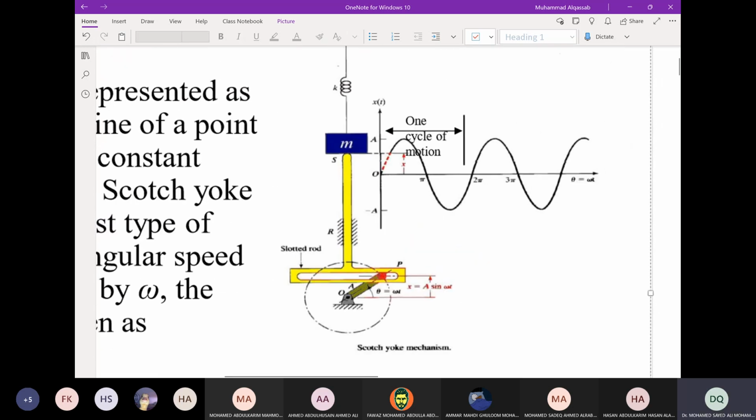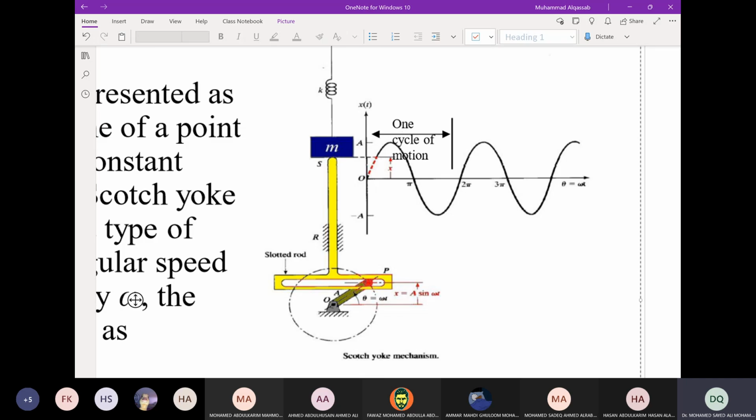The Scotch yoke mechanism consists of two elements, the rotating crank and the rod, which is guided to move in one direction.